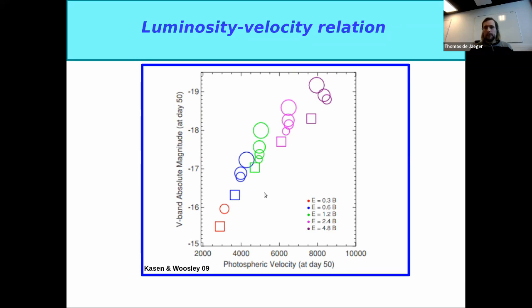But what you need to take from this figure is, again, the absolute magnitude at 50 days, so during the plateau phase, and the expansion velocity. You can see clearly the same correlation seen in the observations, where luminous, brighter type 2 supernovae will have a faster expansion velocity. So this is nice. We have everything.